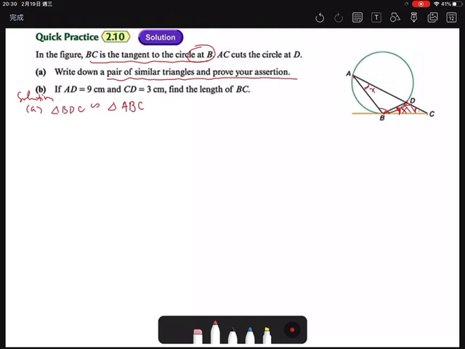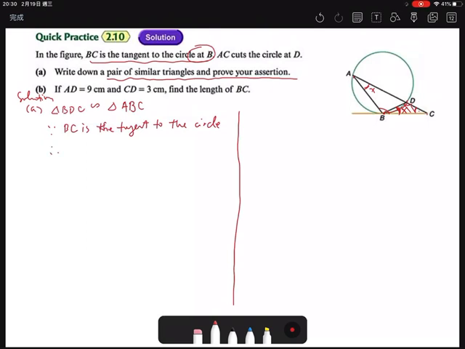So now let's try to prove it. Because BC is the tangent to the circle, this is given. When you write the proof, draw a line in the middle.